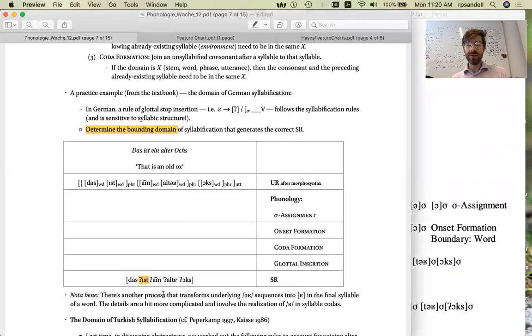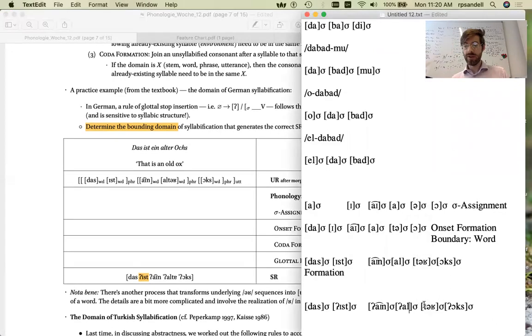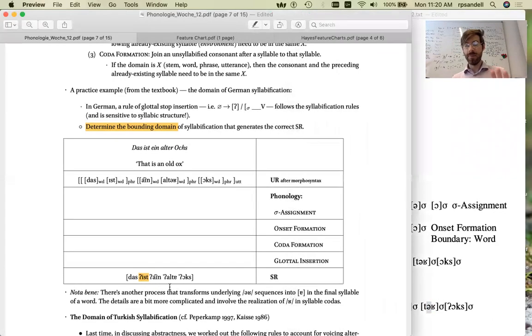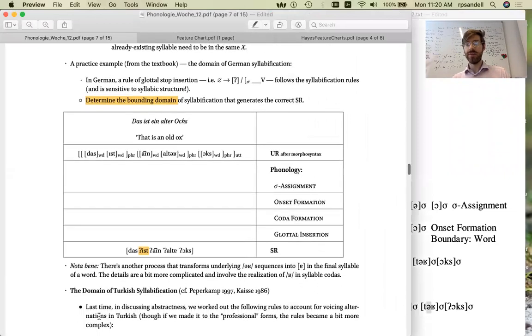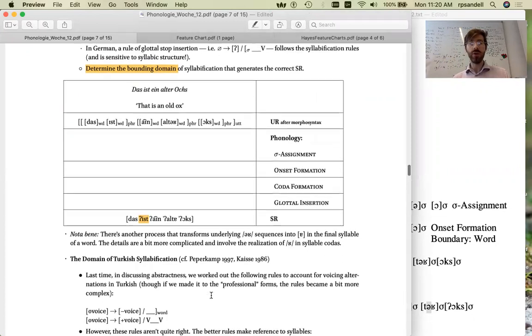Now, at the very end, there's also a further process that transforms the sequence here into an a. That has to do with processes affecting the uvular fricative in coda position, but we won't worry about that for now.